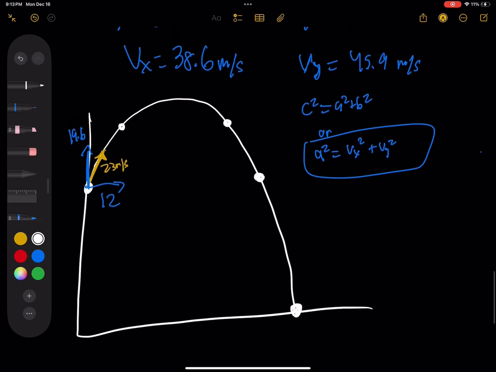So the components of these parts are going to be that. These horizontal ones are all going to be 12, no matter where they come from, because there's no air resistance. And then the vertical ones are going to be, the first one, 9.8, because this is t equals 1, and then this one's going to be t equals 2.